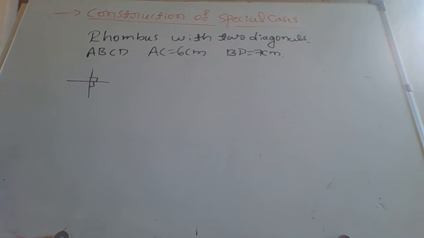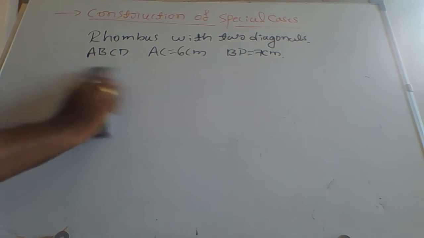Therefore, these diagonals are perpendicular bisectors. Bisect means they divide each other equally into two parts.